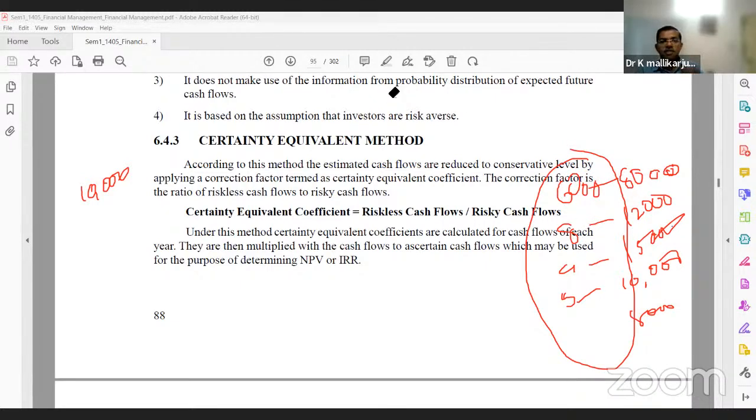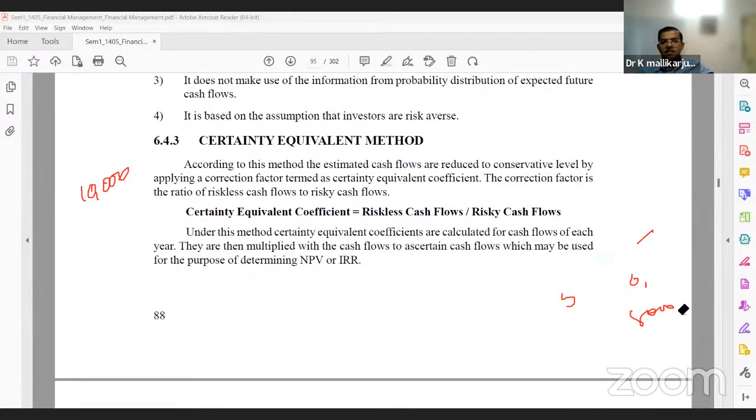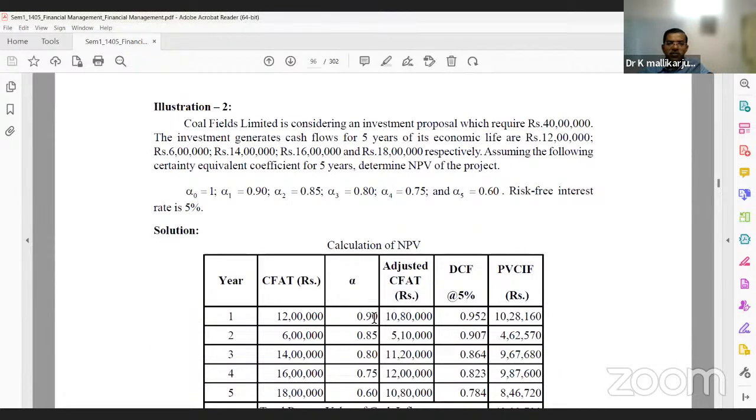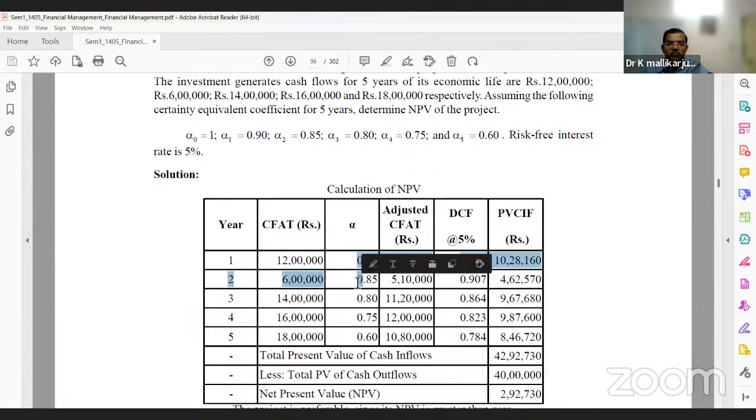This is the certainty equivalent amount. The certainty equivalent coefficient is equal to riskless cash flows divided by risky cash flows. Earlier I told you, instead of getting 12 lakhs, the firm may get at least 10,80,000.